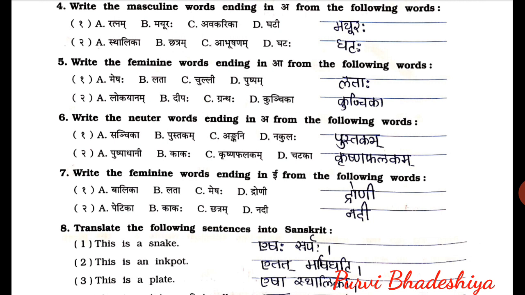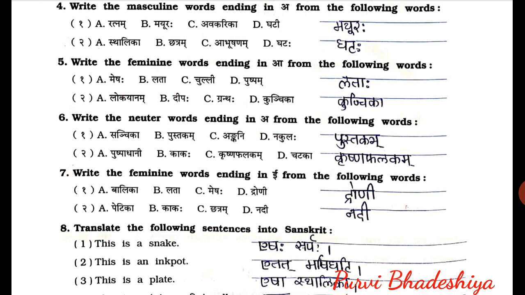Write the neuter words ending in A from the following words. First one is Pustakam. And second answer is C, Krishna Falakam.